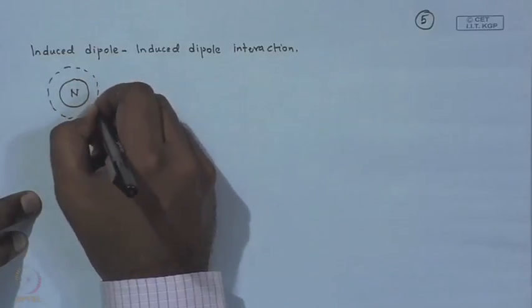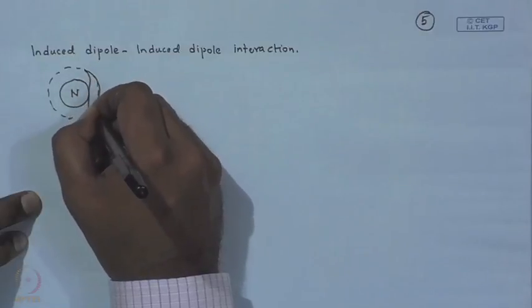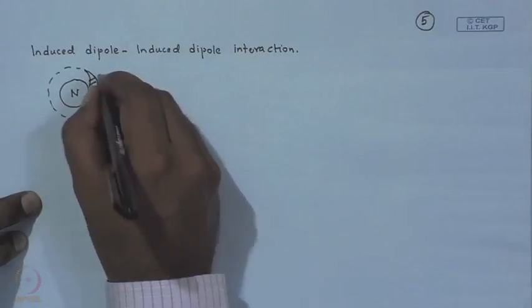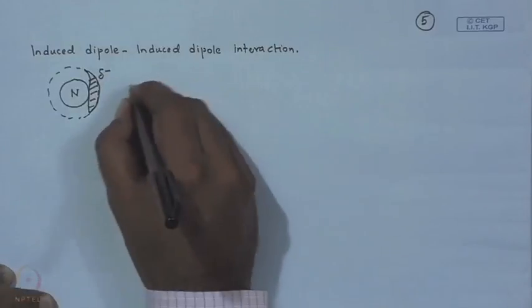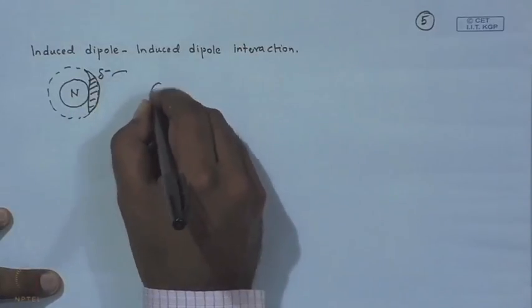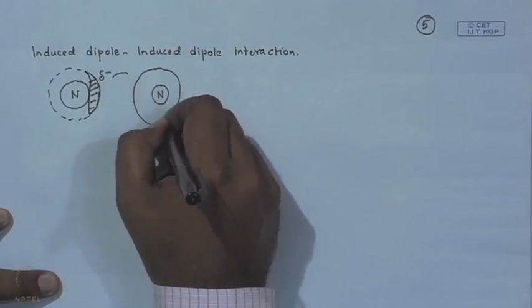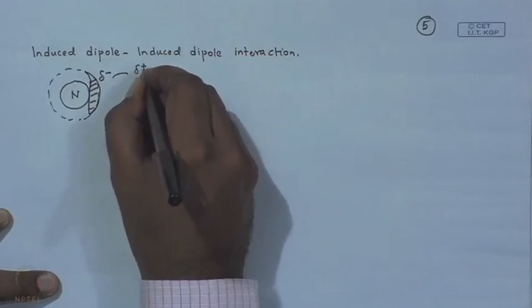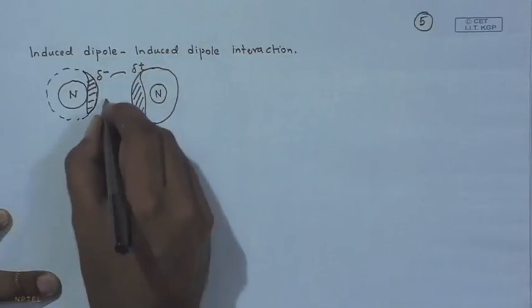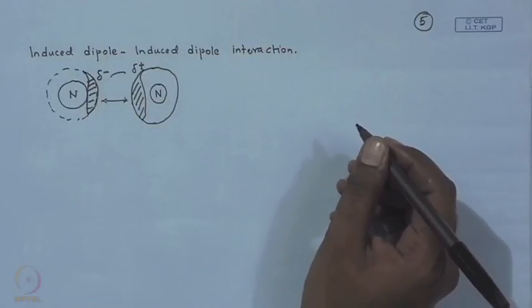It is due to the charge or electron cloud localization at any given instance of time. This results in a localized delta minus charge, which induces a mirror charge on the neighboring molecule, which is delta plus, and as a consequence there is an instantaneous attraction.